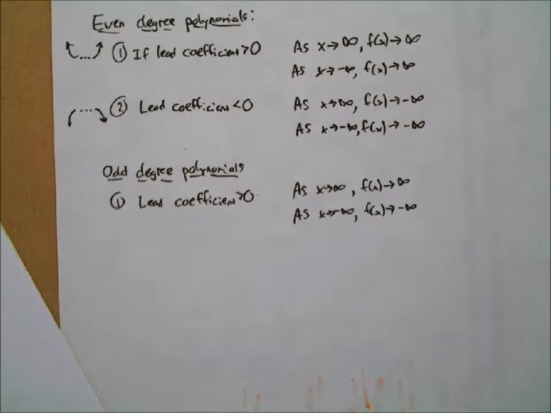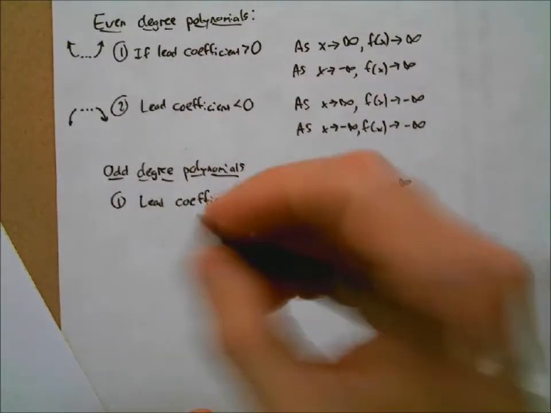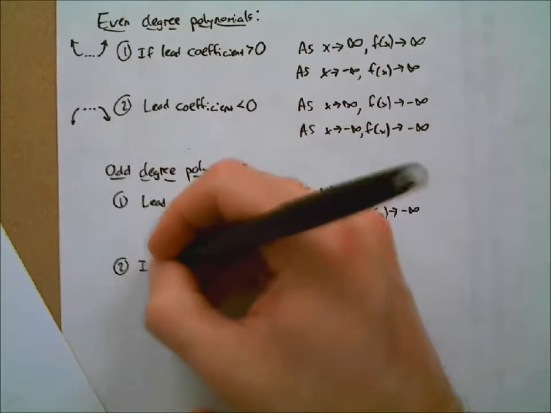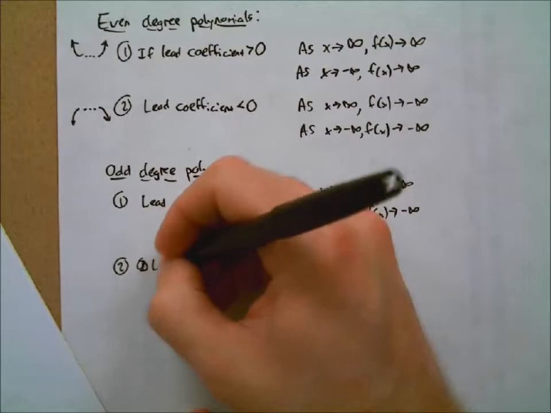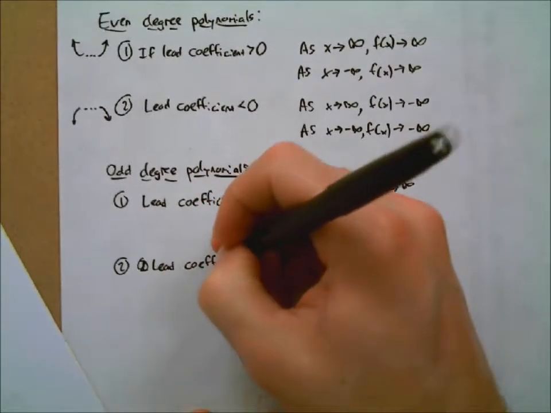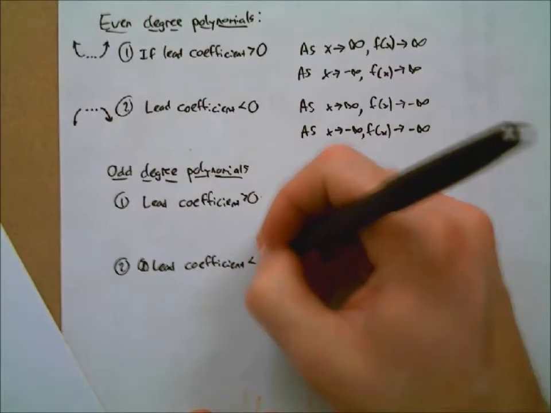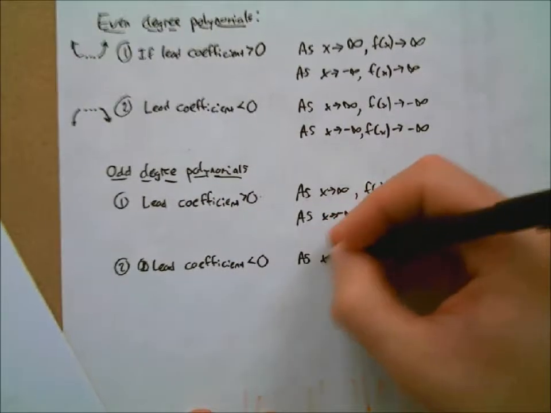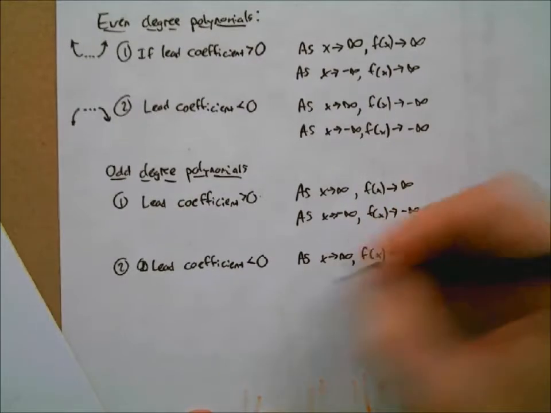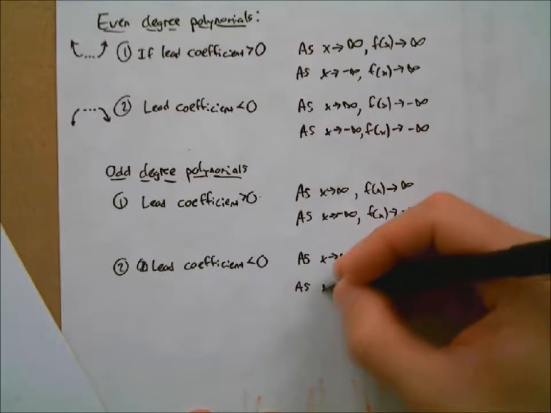And then finally, for our last little thing, if the lead coefficient is negative, this will cover all of our bases now. Less than 0. Then as x approaches infinity, f of x will approach negative infinity.